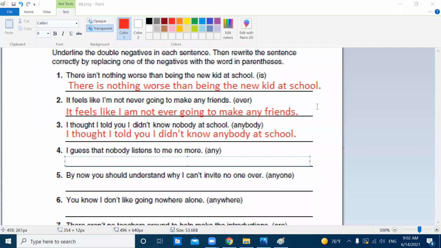Not anybody. Can we try to use it somewhere else in the sentence that would make more sense? What's the other negative in the sentence? Try to use any to replace no, the other negative. So read the sentence and use any.